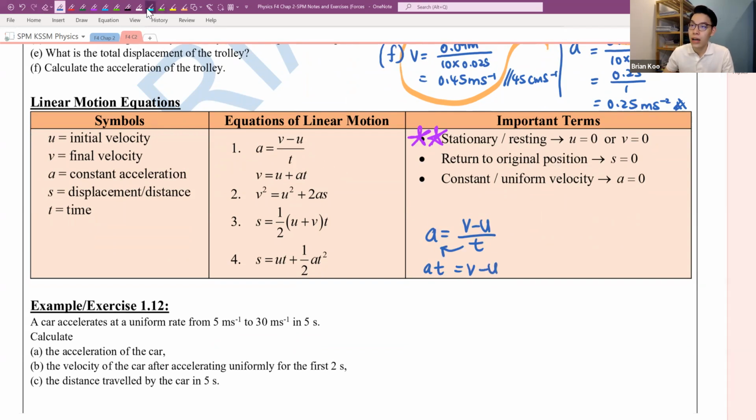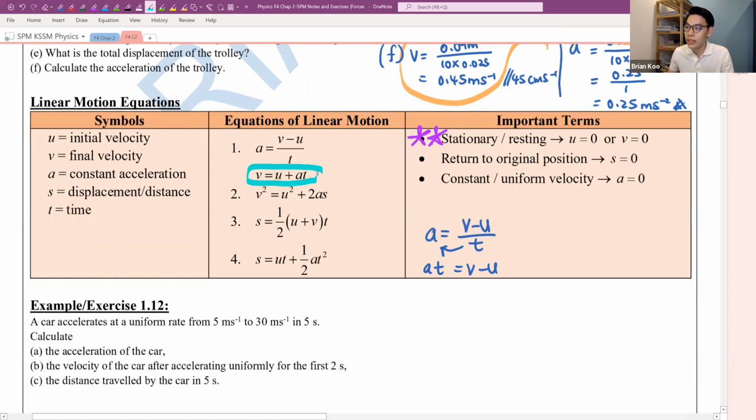You see this equation, how they write it is they make v the subject, which means v alone. So all you have to do is move u to the other side, so that minus u moved over becomes positive u plus at. So v equals u plus at. That's how they get the equation.